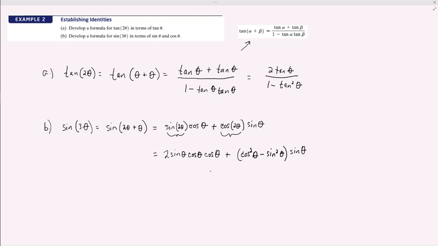Okay, so cleaning this up a little bit, we would end up with 2 sine theta cosine squared theta plus sine theta cosine squared theta minus sine cubed theta.